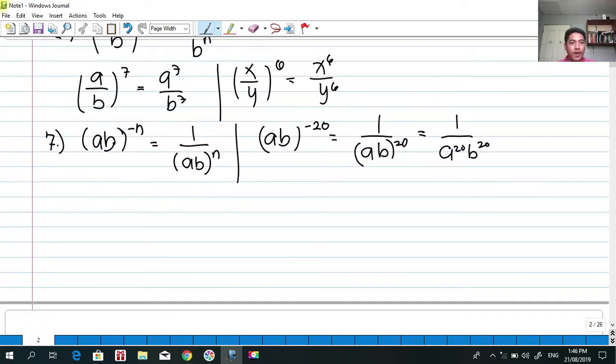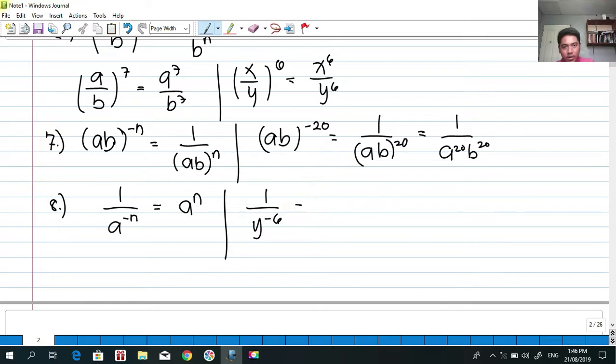For number 8, we have 1 over a raised to a negative exponent. That is equal to, if we want to eliminate the exponent, we get the reciprocal, then we have a raised to n. For example, 1 over y raised to negative 6 is simply equal to y raised to 6, by this property of the exponent.